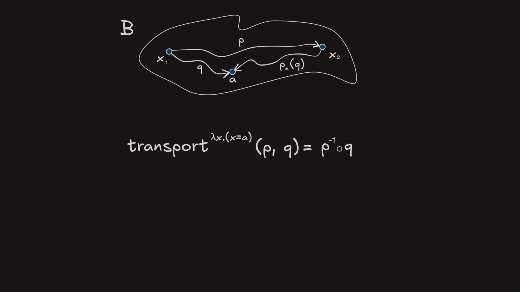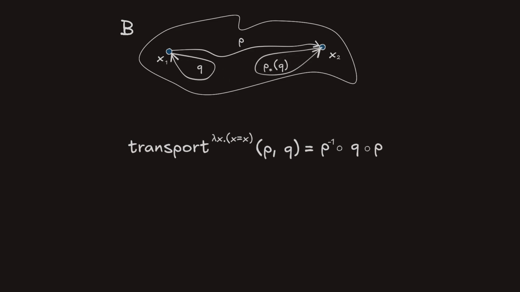Similarly, we can show that a path from x1 to A can be moved along P to a path from x2 to A, and a path from x1 to itself can be moved along P to a path from x2 to itself.